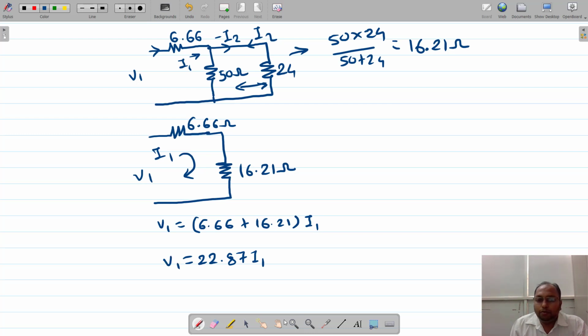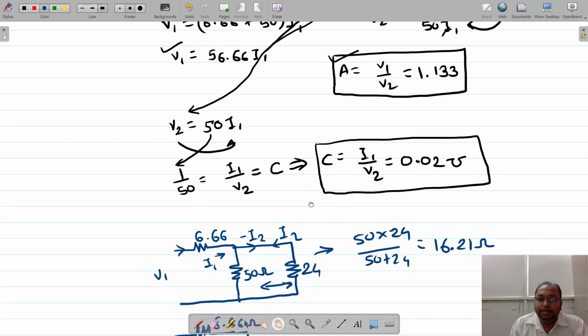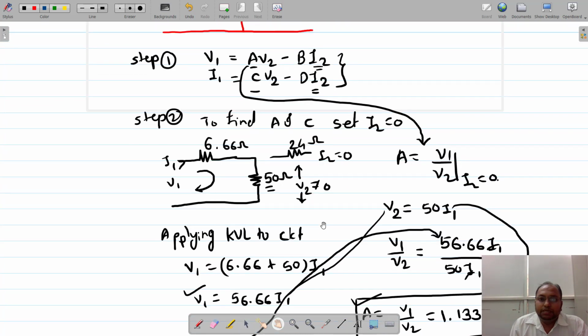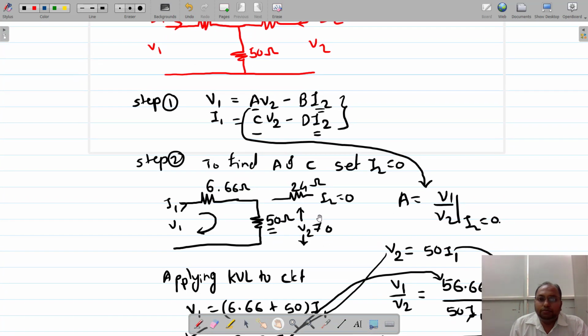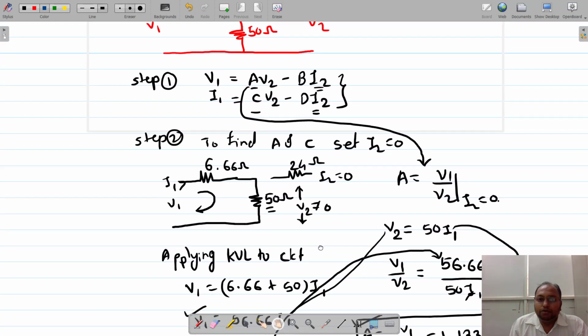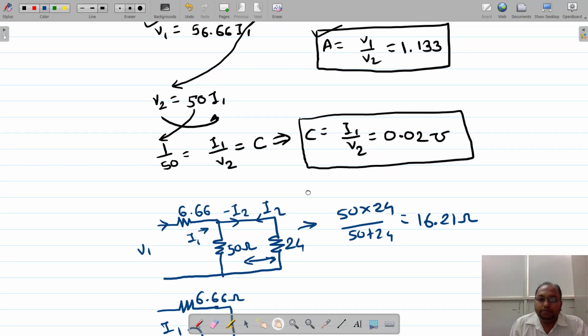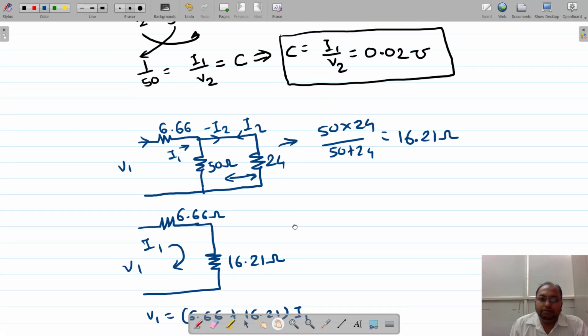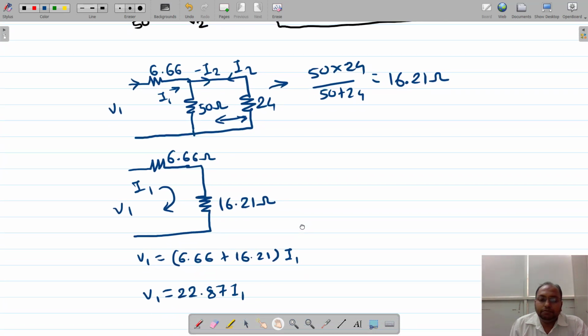Now recall, what must be your D? D must be V1 to I2, right? For that purpose, first we need to go for the current division rule. So let us find the current division rule. Okay, good.